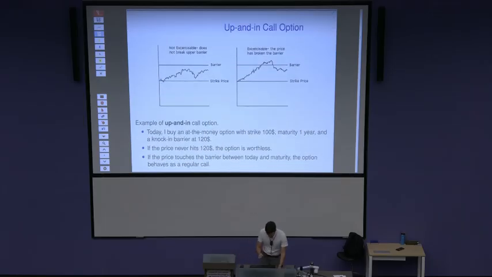So let's look at these figures. Again, just some examples to showcase the situation. Here we have an up and in option, right? So this is the up and in situation. And in the left situation, the barrier is not hit. This means, I write here, not exercisable.